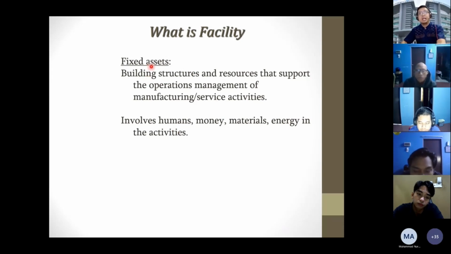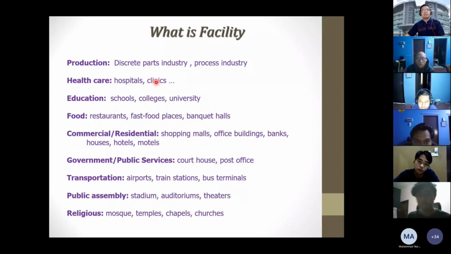And then these are examples of facilities. In the production line, this is a discrete part industry or process industry. In healthcare, it is a hospital or clinic. In education, it is a school, college and university. Also food restaurants, fast food places or banquet halls.